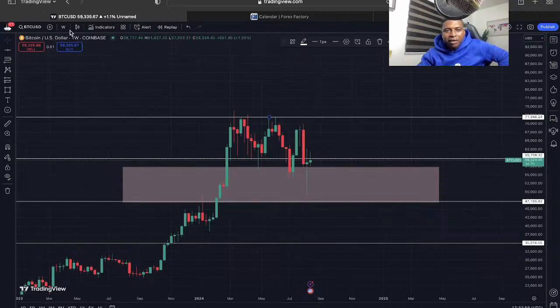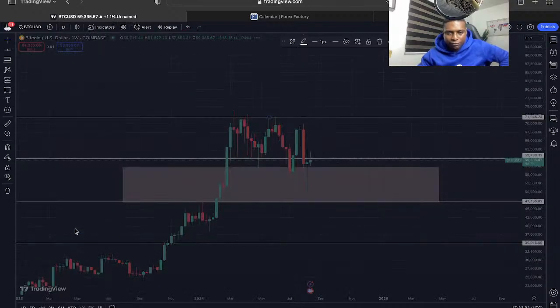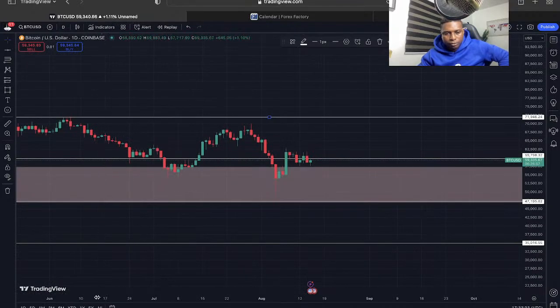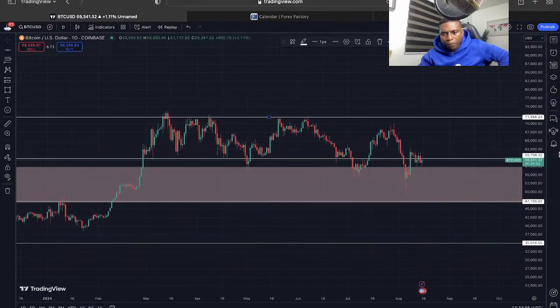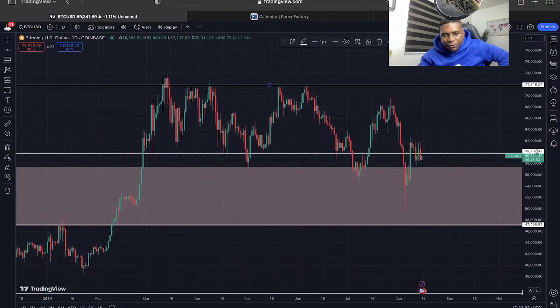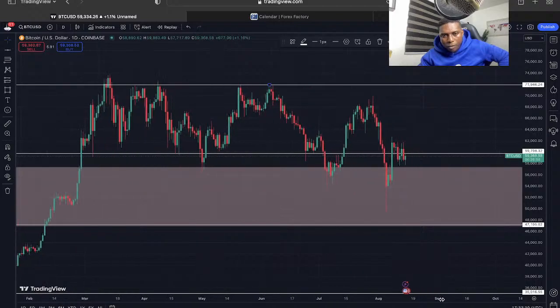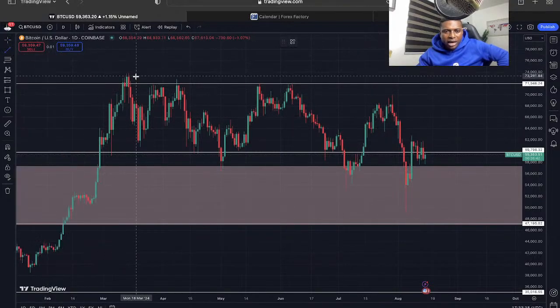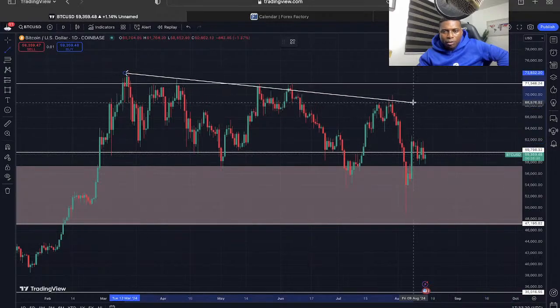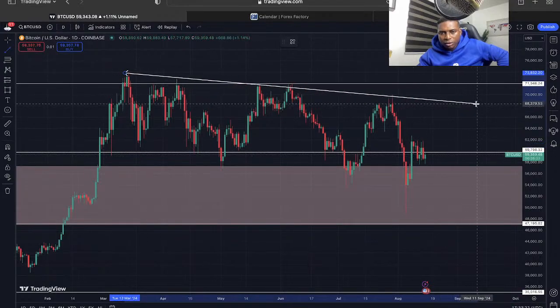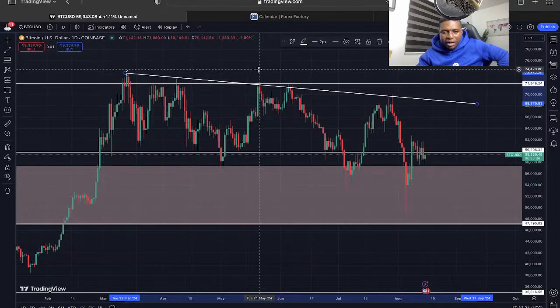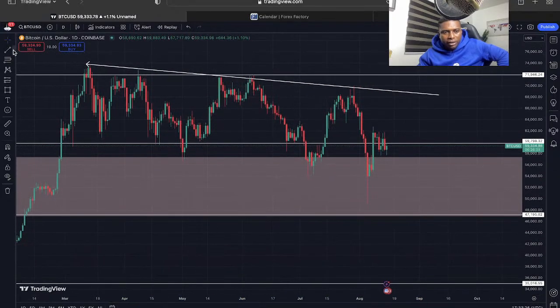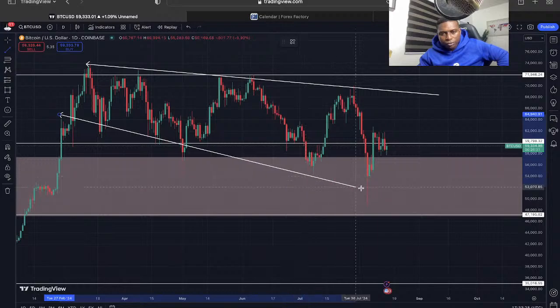Now let's go down to the daily time frame. When we look at BTC from the daily time frame, like I said, you can see BTC was having more of a downward sloping movement, a higher low, higher low, higher low, higher low.